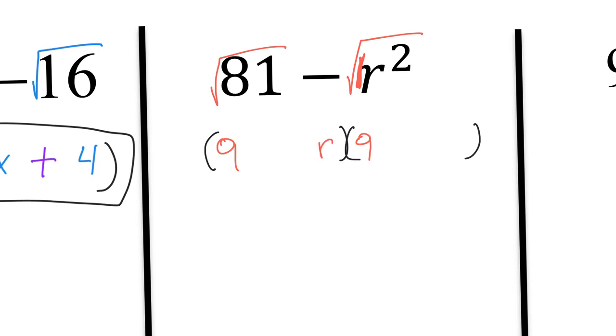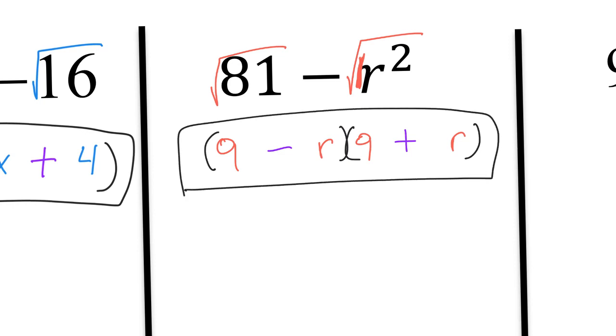I don't need that 1 next to the r, so I'm going to put an r, and we need a minus and a plus. So the answer for this one here is 9 minus r times 9 plus r. Even though the r is in the second space, at the end of the binomial, that's okay. It's a special case, difference of squares. So you can leave it and just use the square root of the perfect square numbers.